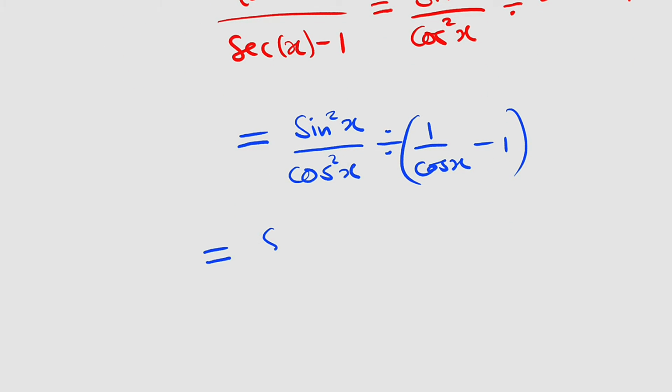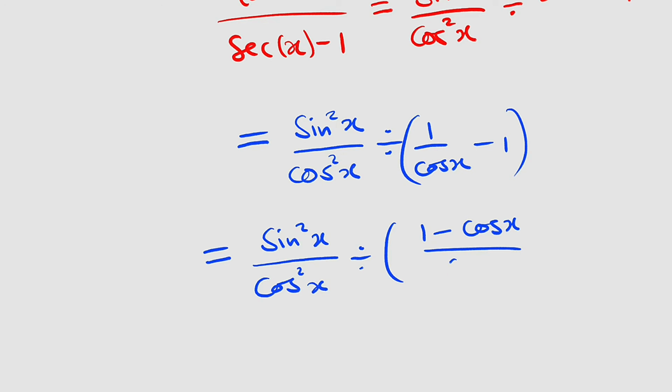This is equal to sine squared x divided by cosine squared x, divided by, you know that 1 can be expressed as cos x divided by cos x, right? Therefore, we can say that 1 minus cos x, all divided by cos x. And we can now change this to multiplication by taking the reciprocal.